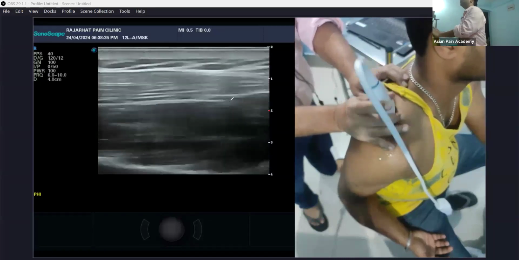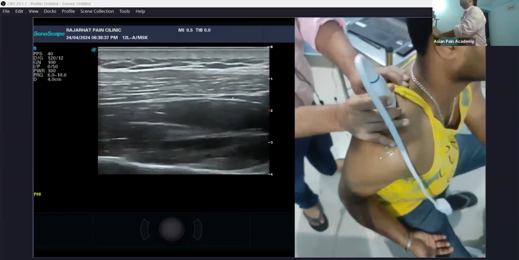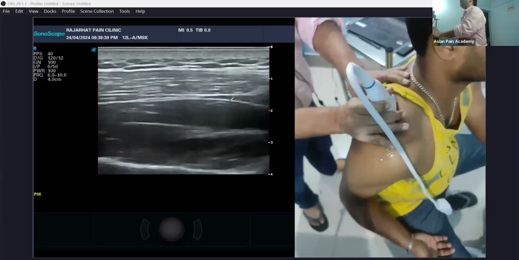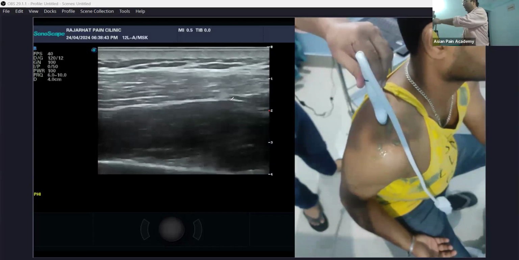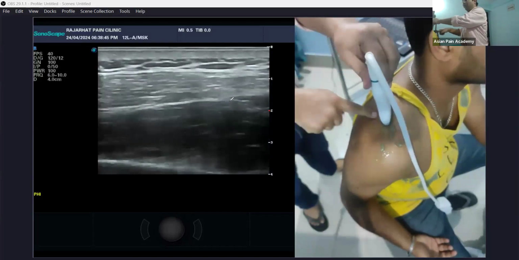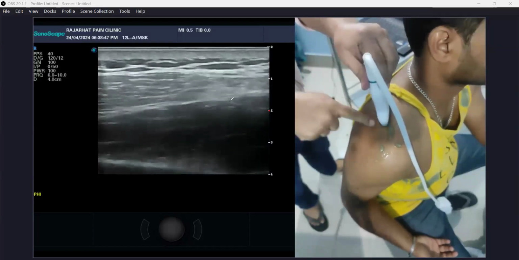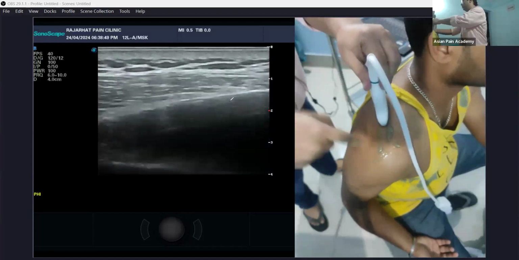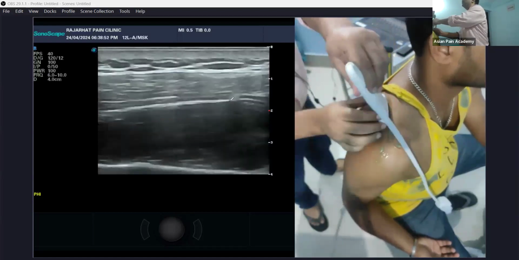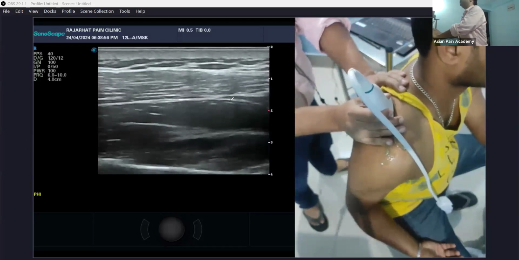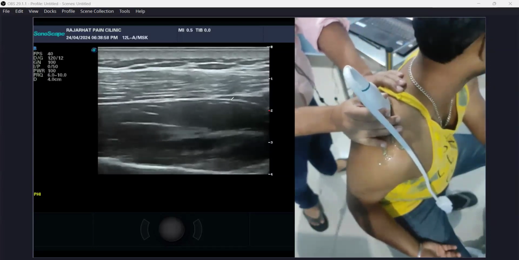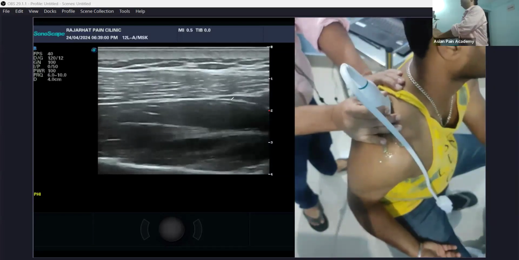So someone tell me what are these two muscles? The area which I am holding, it is above the spine of the scapula. Yes, so there are two muscles. The above muscle is the trapezius, and below that is the supraspinatus.